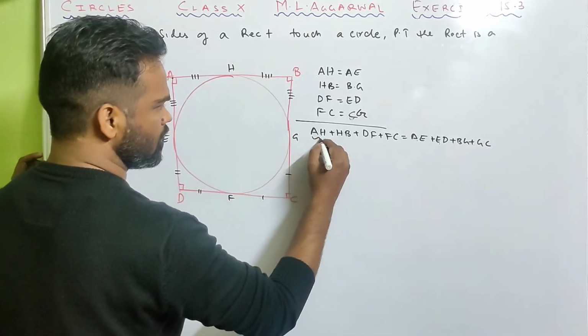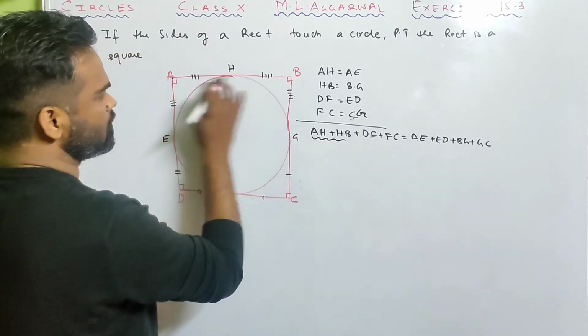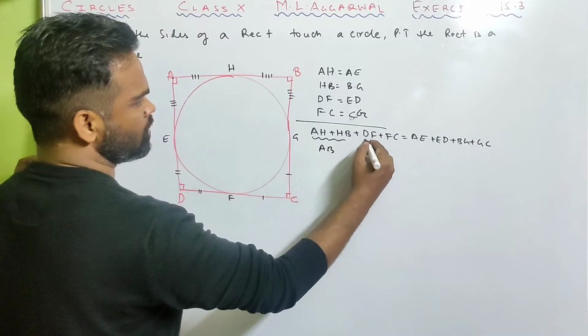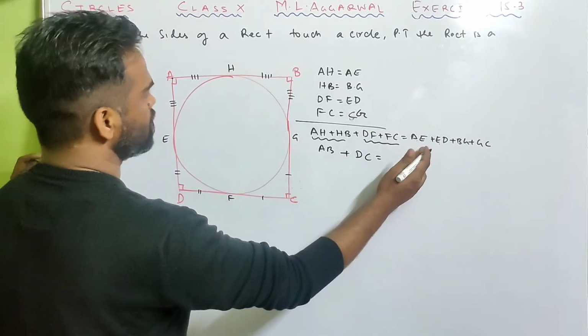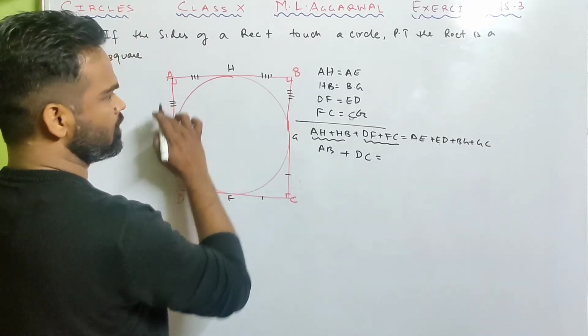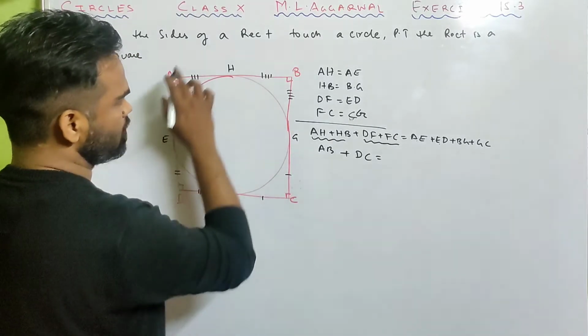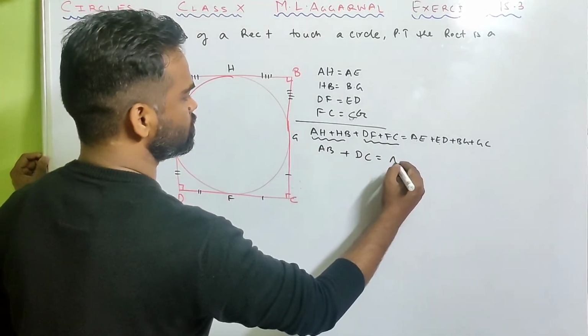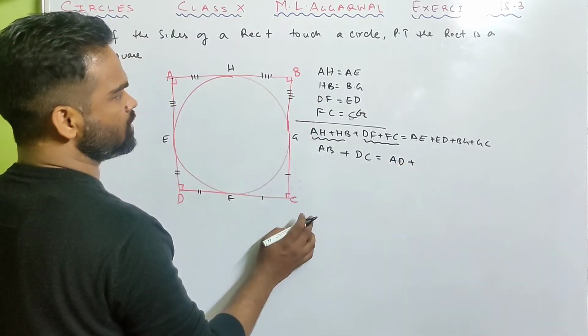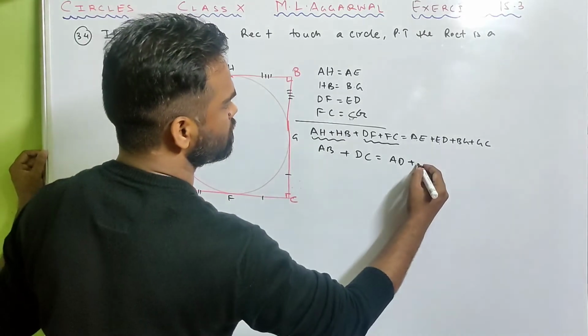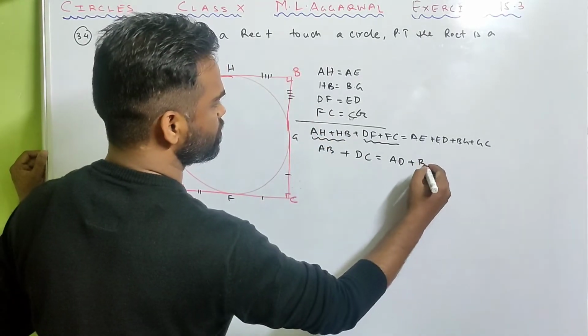Now look carefully. AH plus HB is AB. DF plus FC is DC. AE plus ED is AD. And BG plus GC is BC.